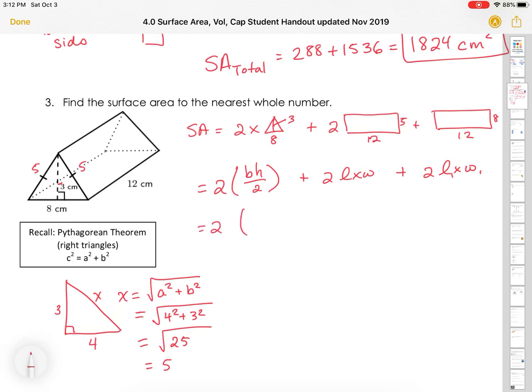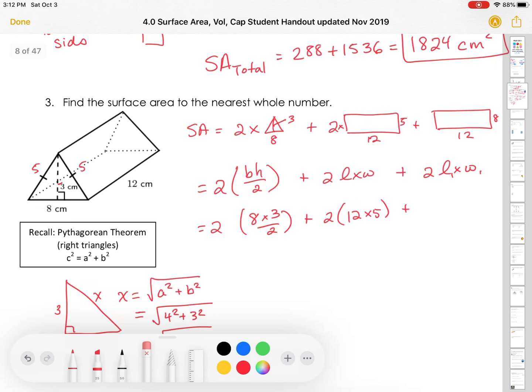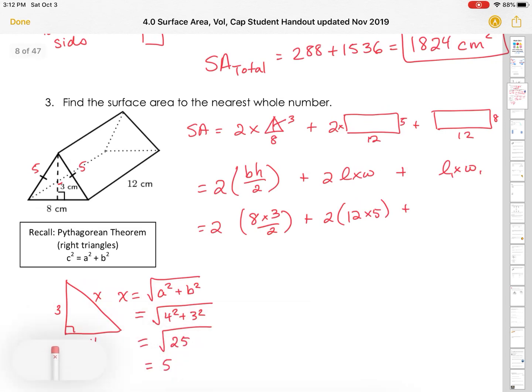So here, our base times height is 8 times 3 over 2. For this first rectangle, it's 12 times 5. And for this one, I shouldn't have written a 2 there, because we only have one of them. We don't multiply by 1. So this will just be 12 times 8.